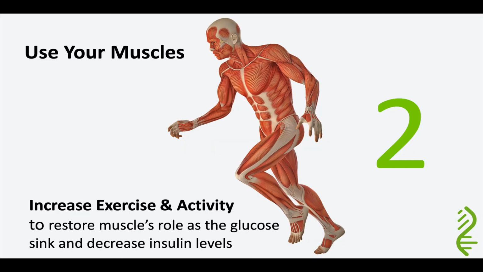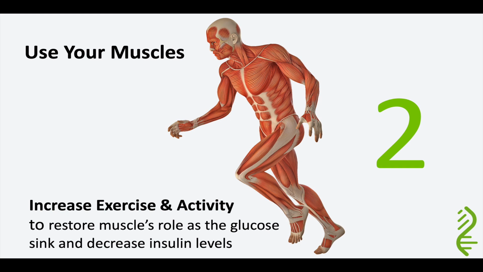Our second component to this strategy is we want to use our muscles. We've talked about the muscles having this role as a glucose sink. And in that role as glucose sink, they can lower insulin levels, right?